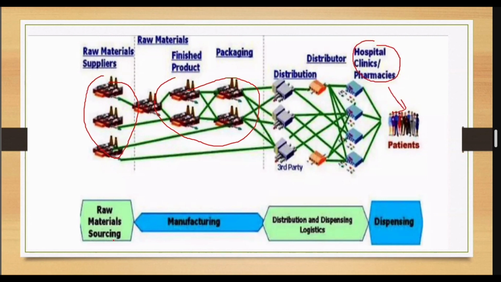Here the raw material sourcing, then manufacturing, then distribution, logistics, and finally dispensing. These are the different stages involved in the pharmaceutical supply chain, and you can see different flows. These are the different networks, a combination or integration of different networks and different flows. So many to many, or one to many, like that.